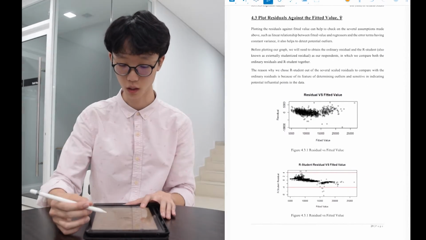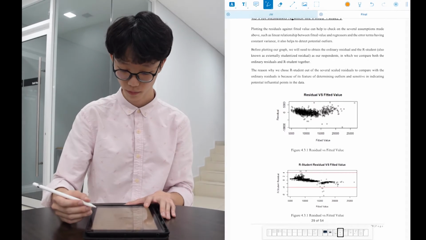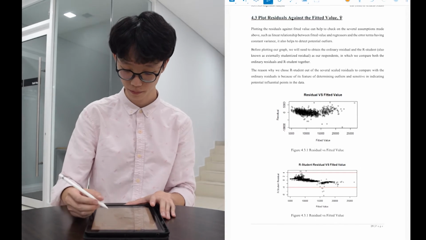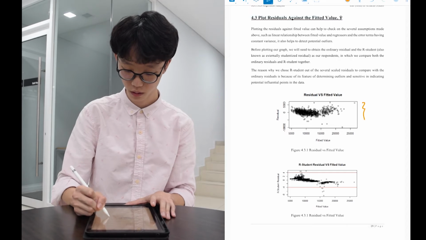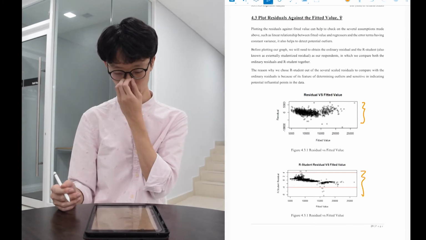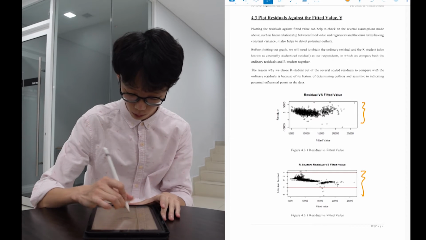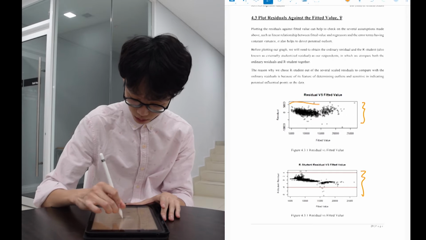Now I proceed to plot residual against fitted value. As you can see, we have two plots over here. This is the ordinary plot, and this is the R-student residual plot. I will draw a horizontal band from here first.